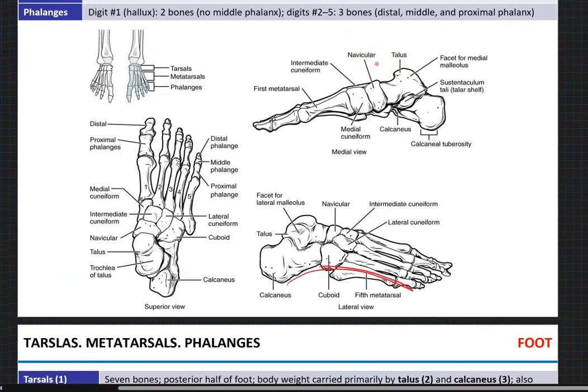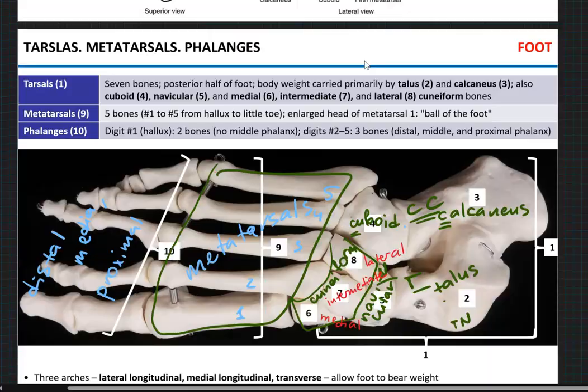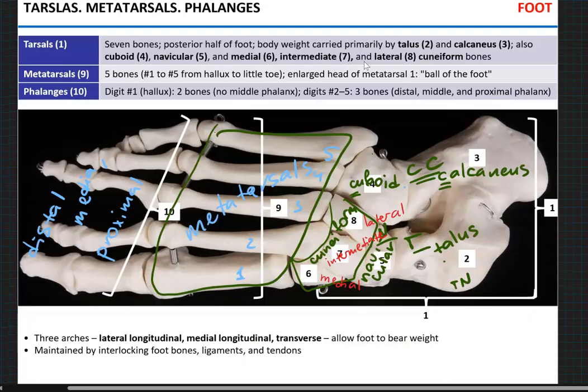Medial longitudinal arch is here. And you can presume that there's a transverse arch that goes across. When you have an arch-shaped structure, that improves the ability of a foot to carry weight. Does that make sense?